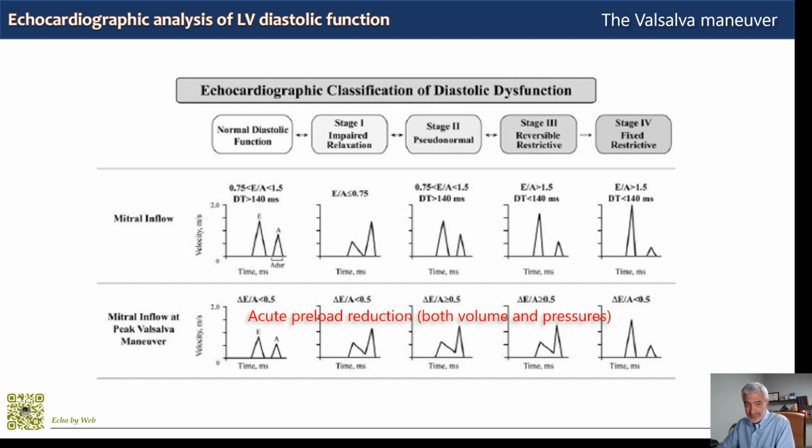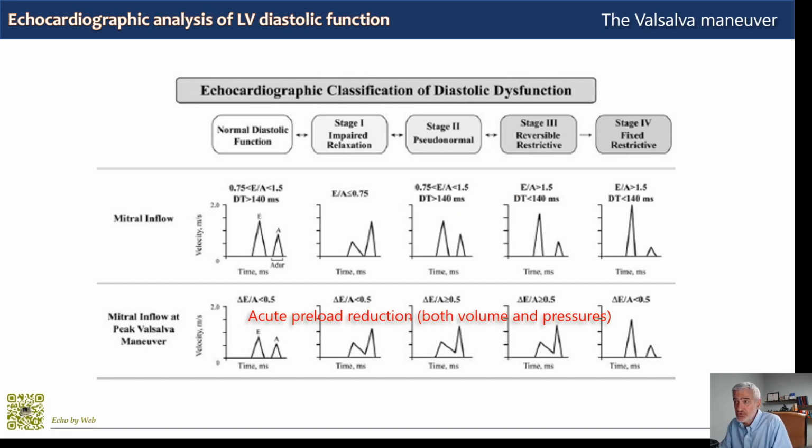Well, because we know that the mitral flow profile, the E wave, the A wave, deceleration, these parameters change with varying preload and filling pressures. So the grade 2, 3 patterns, the high peaking E wave and increased EA ratio, are maintained by increased filling pressures.